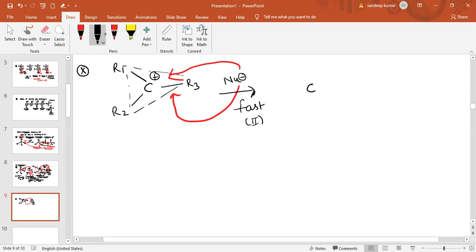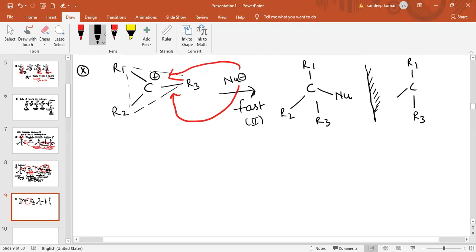Now this is carbon, this is R1, you can take this as R2, you can take this one as R3, and the nucleophile attacks. So basically this product is retention, and now draw the mirror image of the same compound. This is R1, this is again R3, the nucleophile comes from this side, and this is R2.